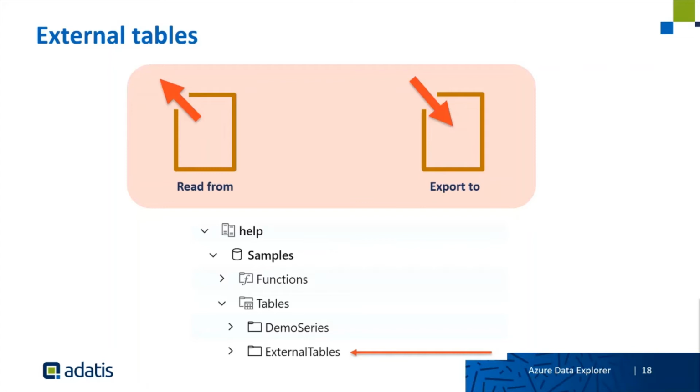Obviously, in doing so, you won't be utilizing the best performance of this tool, because you will not be doing the actual analysis on the ingested data within the Kusto engine, and it will show within the list of tables in its own folder, called external tables.